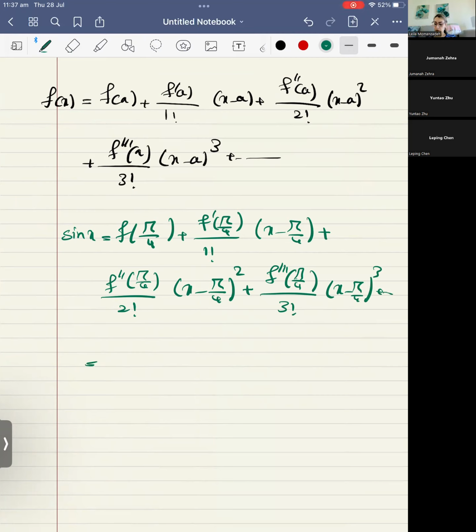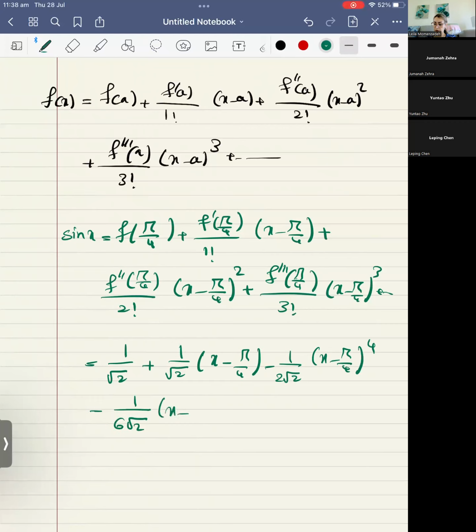It would be equal to 1 over square root of 2 plus 1 over square root of 2 (x minus pi over 4) minus 1 over 2 square root of 2 (x minus pi over 4)^2 minus 1 over 6 square root of 2 (x minus pi over 4)^3, and so this is the Taylor series.